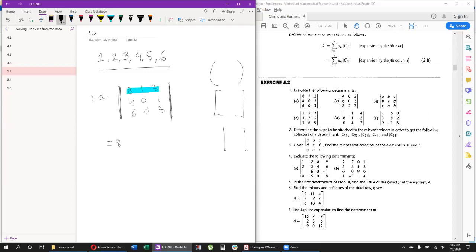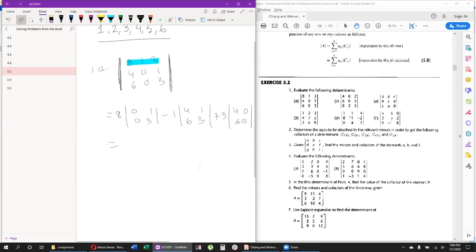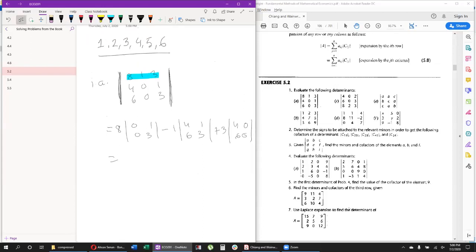You get 8 times the determinant of 0, 1, 0, 3, minus 1 times the determinant of 4, 1, 6, 3, plus 3 times the determinant of 4, 0, 6, 0. And then you can easily calculate it. That's easy enough, but there's an easier way of doing that.